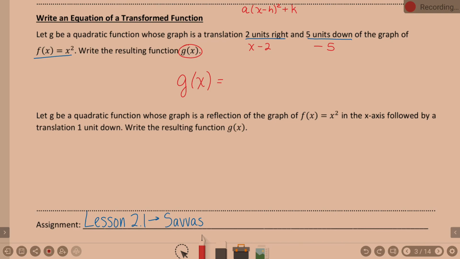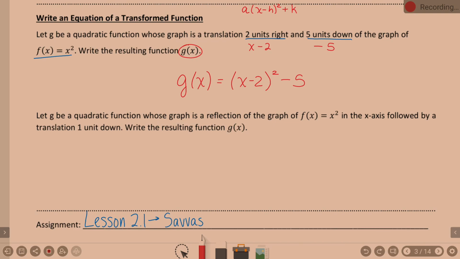So what am I going to write? What are we thinking here? x minus 2, parentheses, squared. Okay? And then minus 5. Okay. Does that equation tell me to take x squared and move it right 2 and down 5? Yeah.